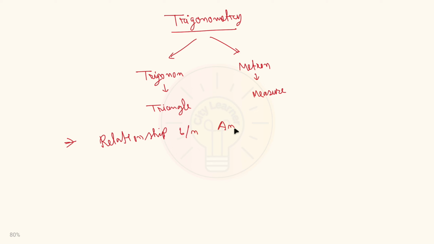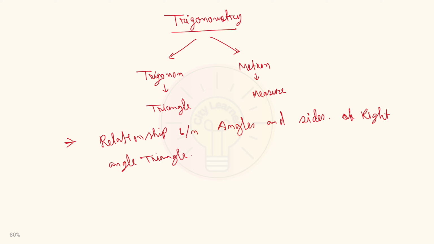Trigonometry is nothing but the relationship between the angles and sides of a triangle. And remember, trigonometry only applies to a right angle triangle.